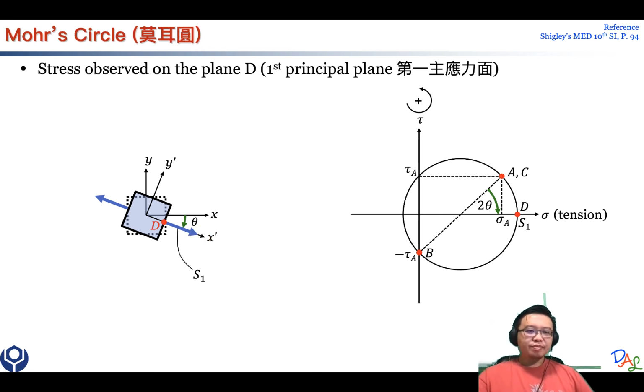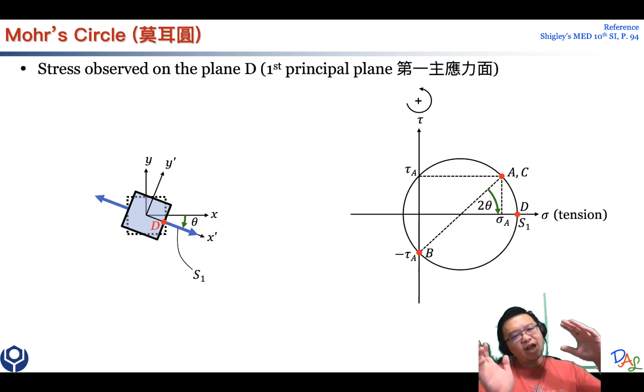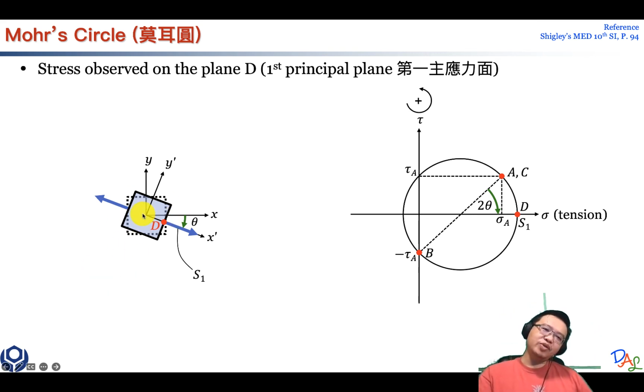Okay, so if we tilt our head like this and observe this material along the coordinates x prime and y prime, it has the largest stretching stress along this direction.